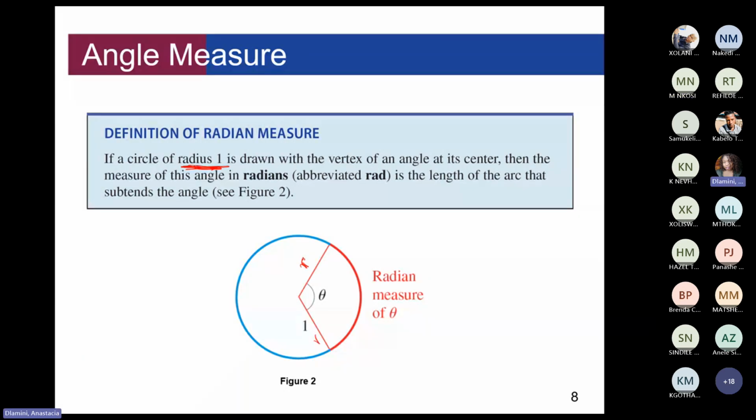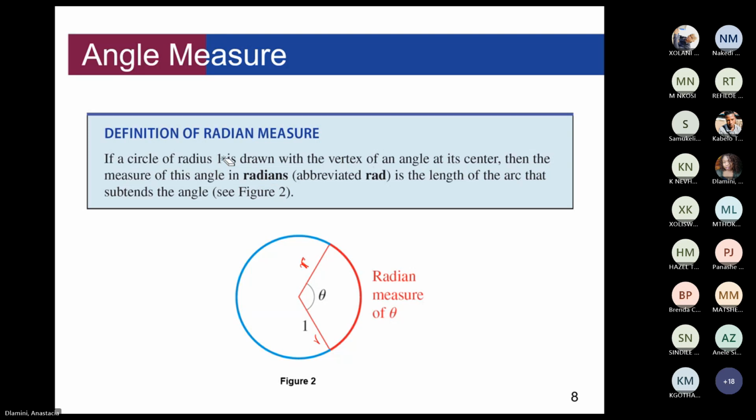Are we all together? Then the measure of this angle in radians is the length of the arc that subtends the angle. Does that make sense?